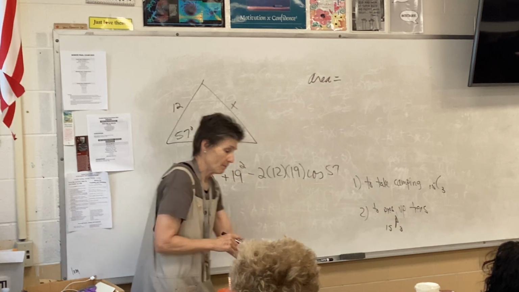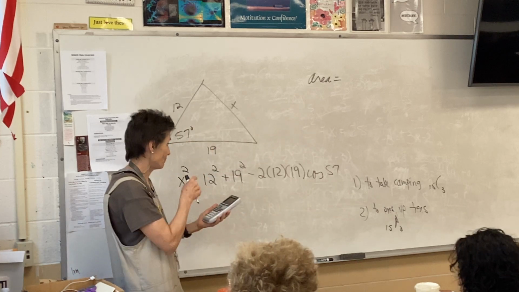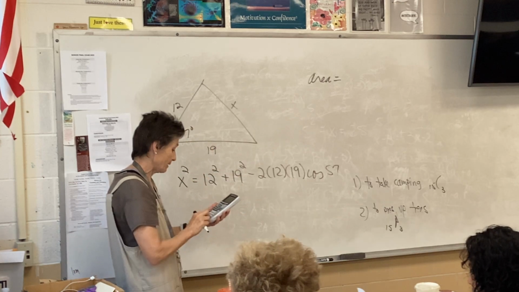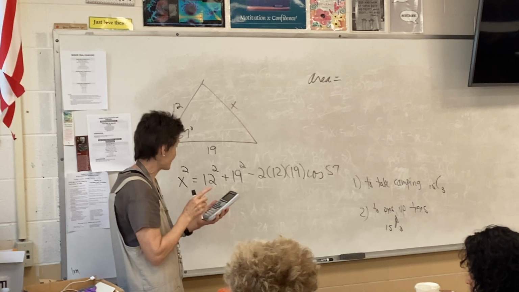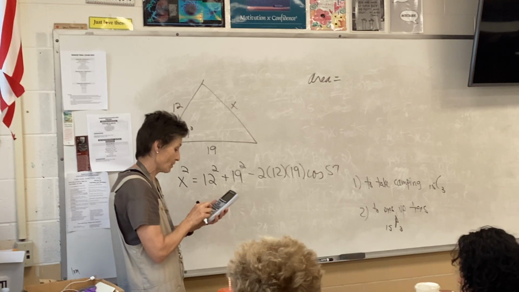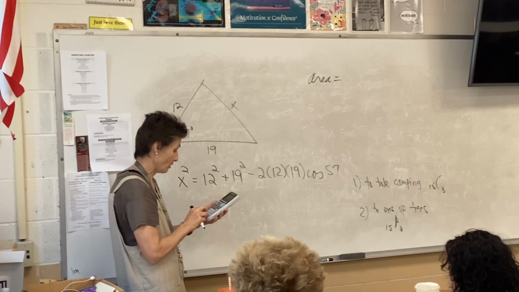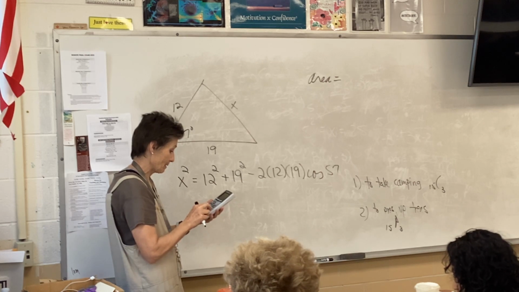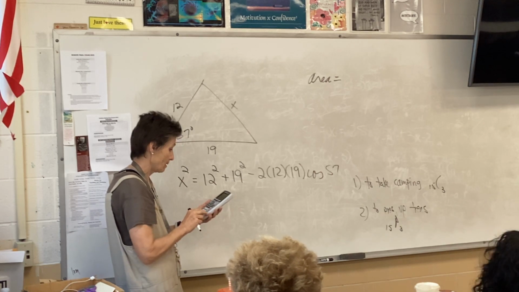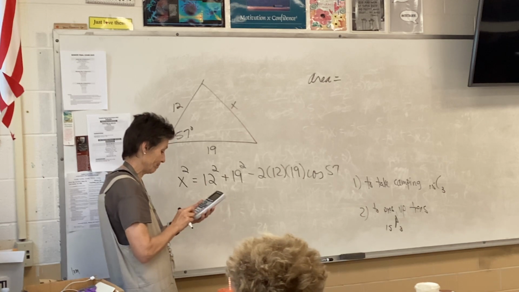That's it. Now, assuming you can get this set up, the only way you can really mess it up is by forgetting, after you get it all typed in, to take the square root.